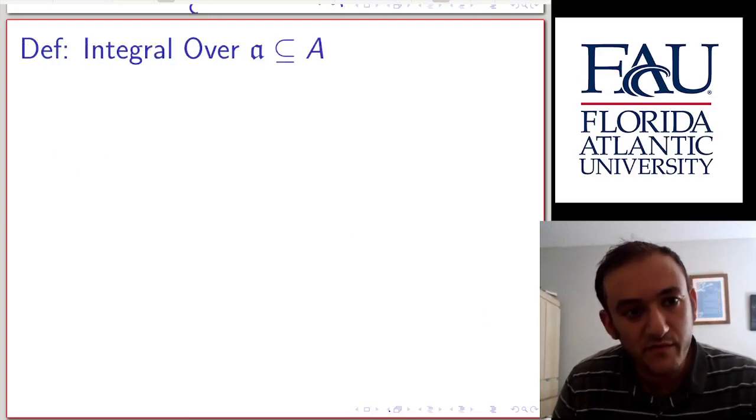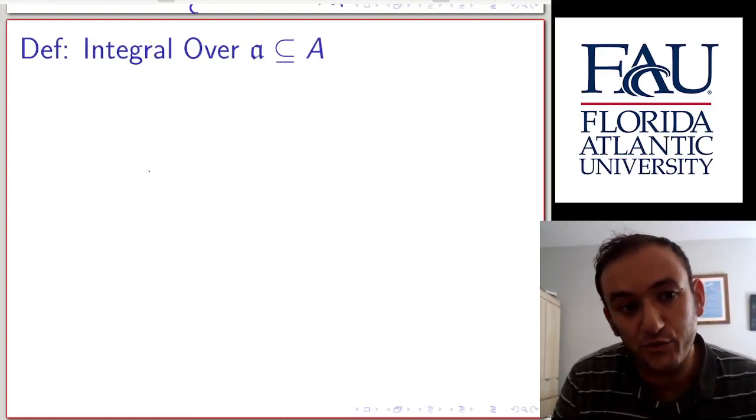Okay, now let's make a brief definition. What does it mean to be integral over an ideal?